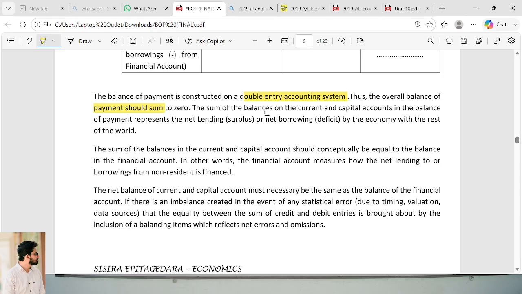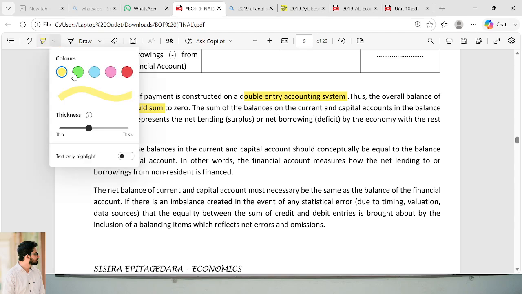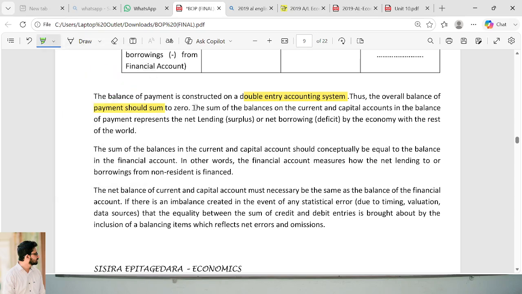The sum of balances on the current and capital account. This is a really important part, so I'll use a separate color. The sum of the balances on the current account and capital account in the balance of payment represents net lending or net borrowing by the economy with the rest of the world.